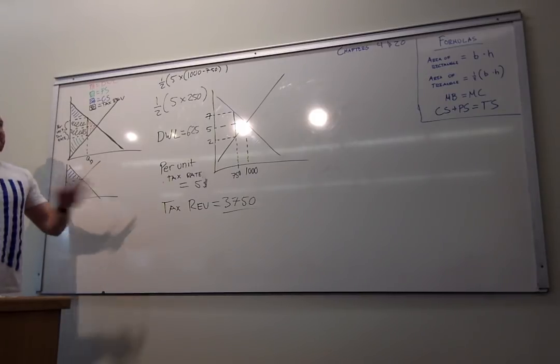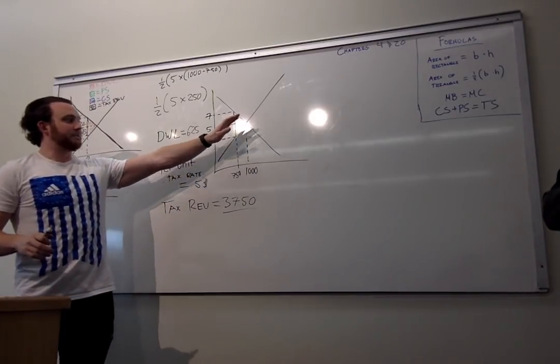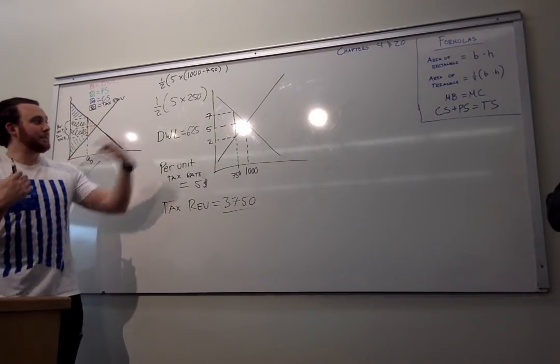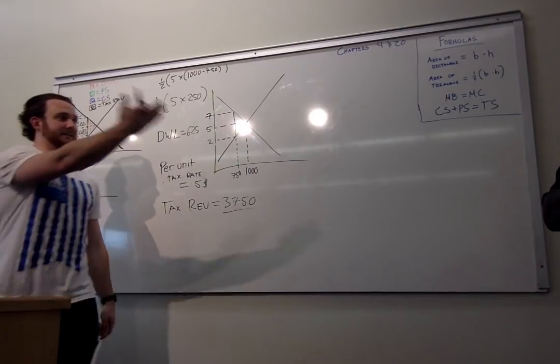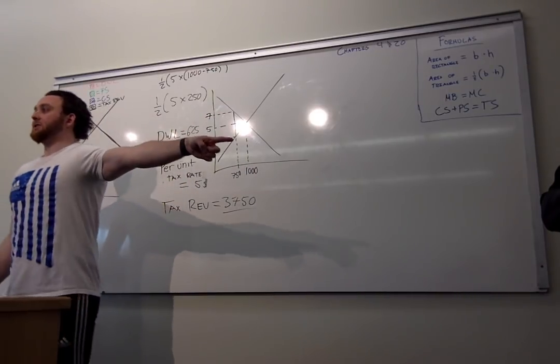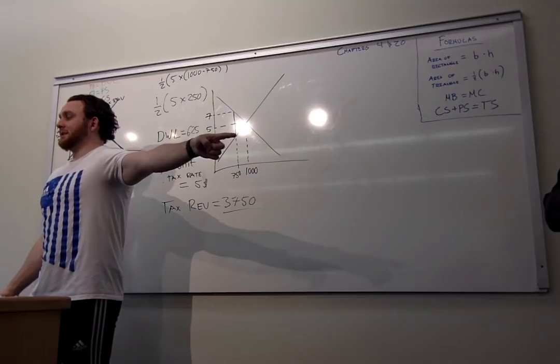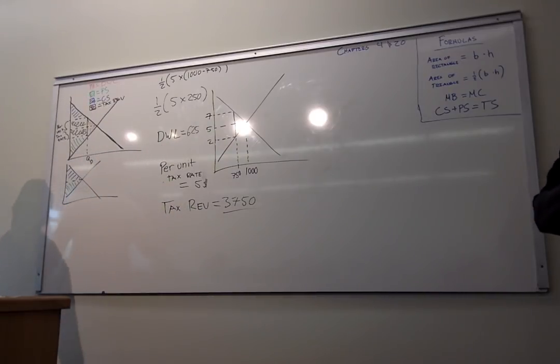So if the government wasn't involved, I'd be paying 5, but because the government is involved, now I'm paying 7. If I'm paying it to Tanner, Tanner only really gets 2 out of my $7 because the government took 5 of them. Does that make sense?